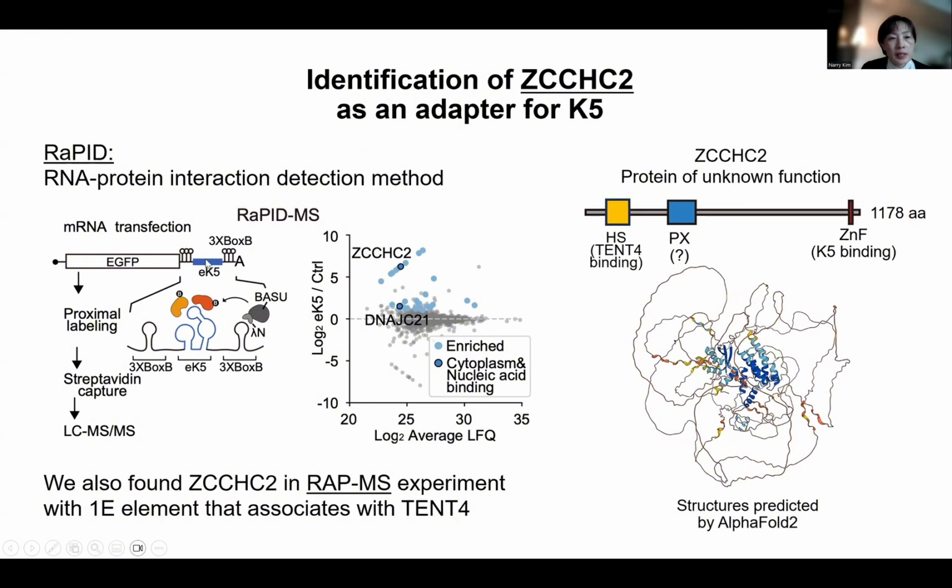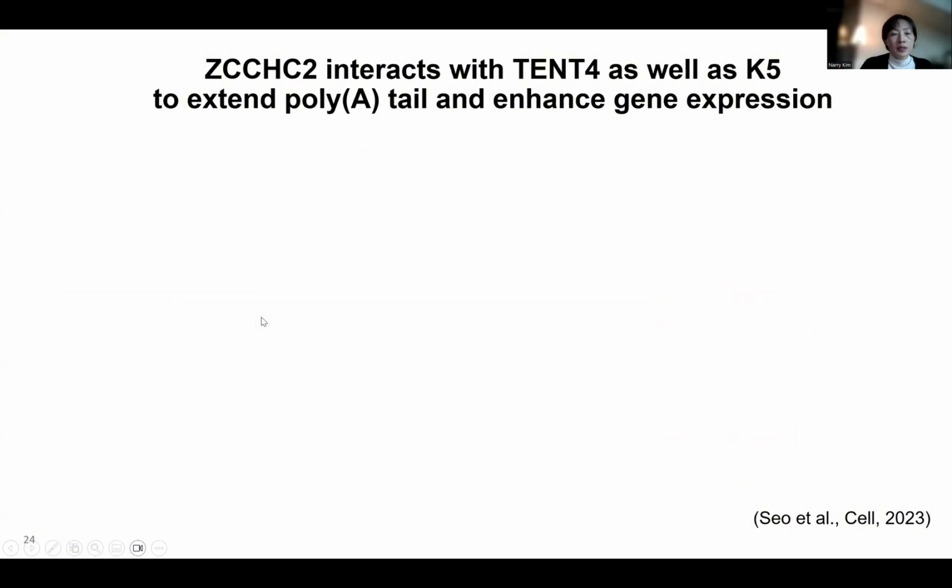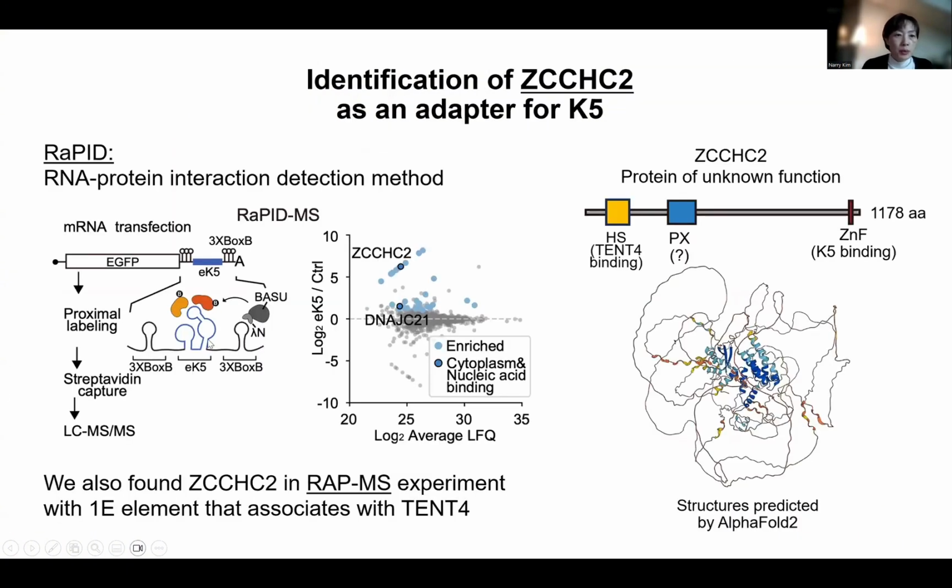When K5 is inserted between boxB elements, and when we expressed lambda N-tagged biotin ligase, the proteins associated with the element would be biotinylated preferentially, and they can be captured and analyzed by mass spec.